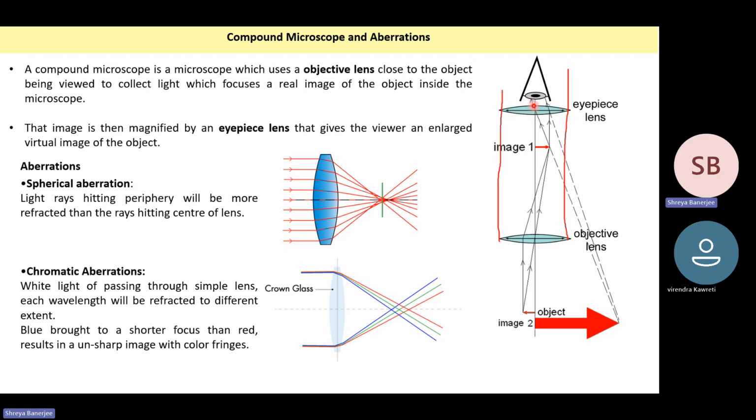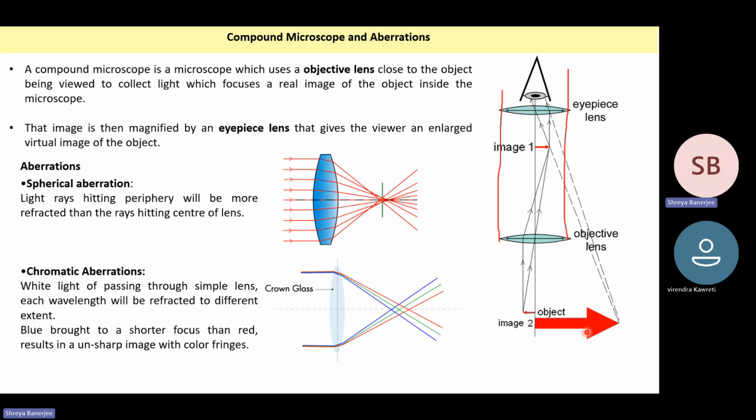So the image formed is not a direct image, but a virtual image. And how you can form that image is that the rays that are meeting the eye, you draw them back virtually as dotted lines, and wherever the rays are meeting, that is where the virtual image is being formed. So the second image you can see is much more highly magnified compared to the first image.